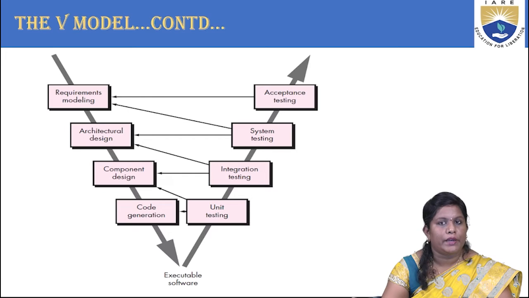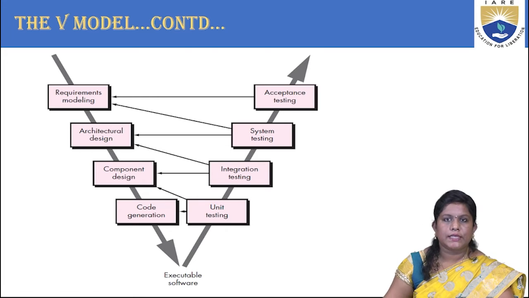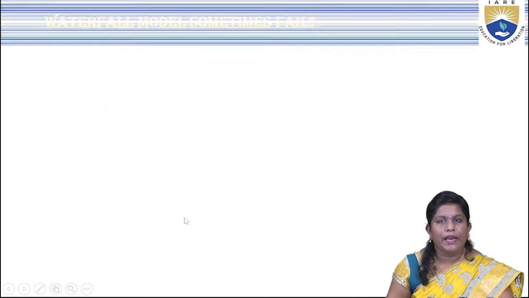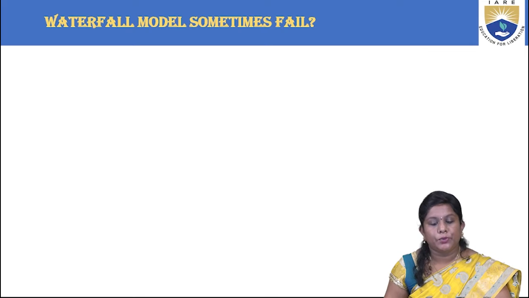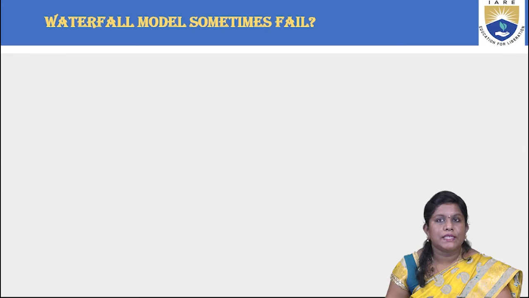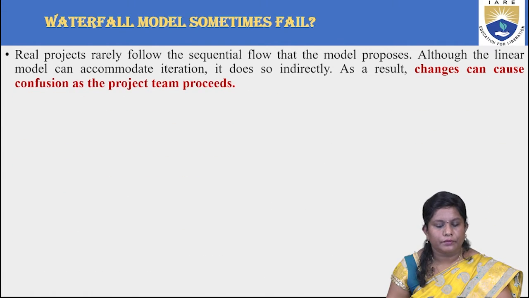So when you look at this particular diagram, you should observe that when you are at the executable software, you are initially doing bits and pieces of testing. That is the unit testing linked up to the code generation. As you are moving from bottom to top, the testing phases are increasing, where you land up at the acceptance test, right? So this is about the V model, and we have some more things to be discussed about what happens if the waterfall model sometimes fails, right?